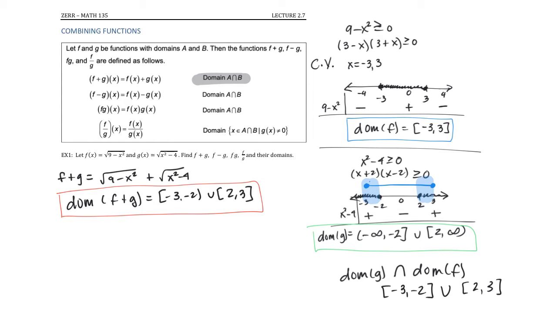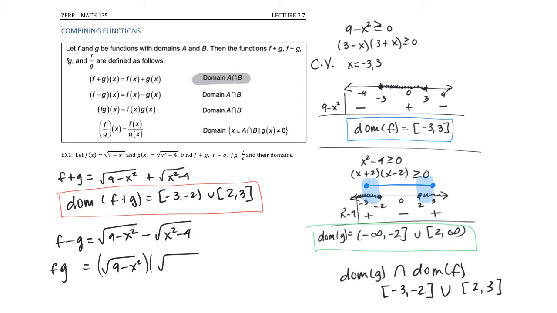Okay, and then moving along, if we did f minus g, we would just subtract those square roots. And then let's see, f times g, we would multiply them, the square root of 9 minus x squared times the square root of x squared minus 4.